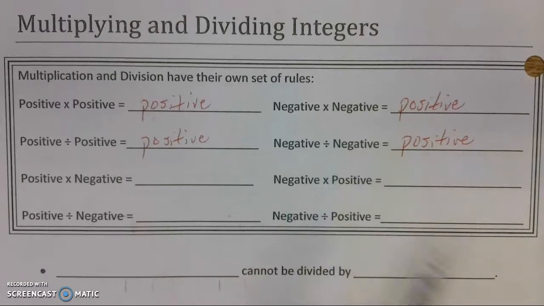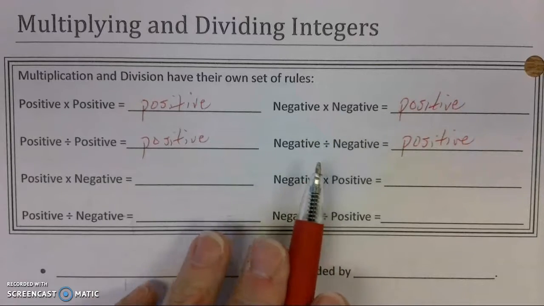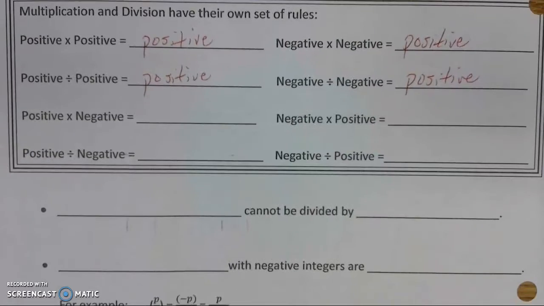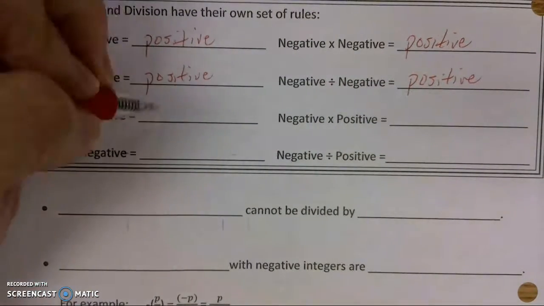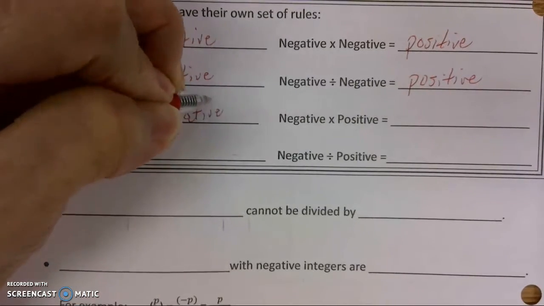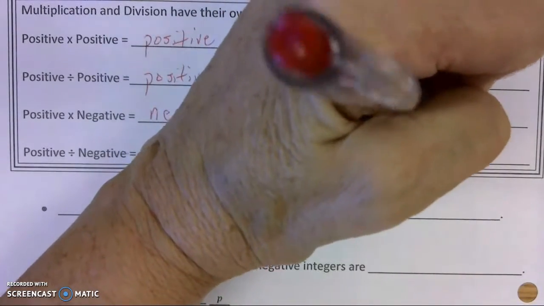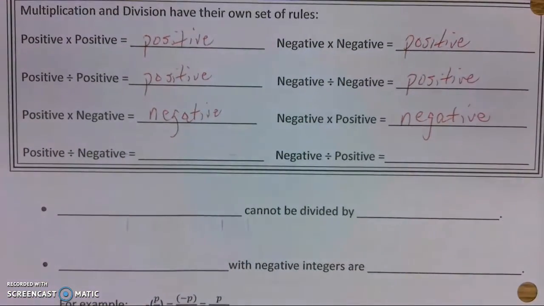I'm going to do the computation as it says. So if it says multiply, I'm going to multiply. If it says divide, I'm going to divide. So now, when my signs are different, when I multiply a positive times a negative, my answer is going to be negative. When I multiply a negative times a positive, my answer is going to be a negative.